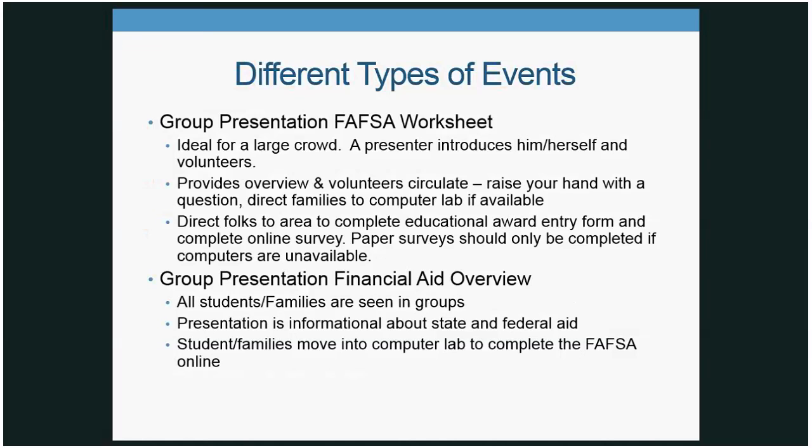This is FAFSA work time. I still had parents that came in and said, well, I thought you were going to do a presentation on the FAFSA. I'm not sure where the communication broke down, but I think you really need to be mindful that it needs to be very clearly specified as to what is going to happen at your event.